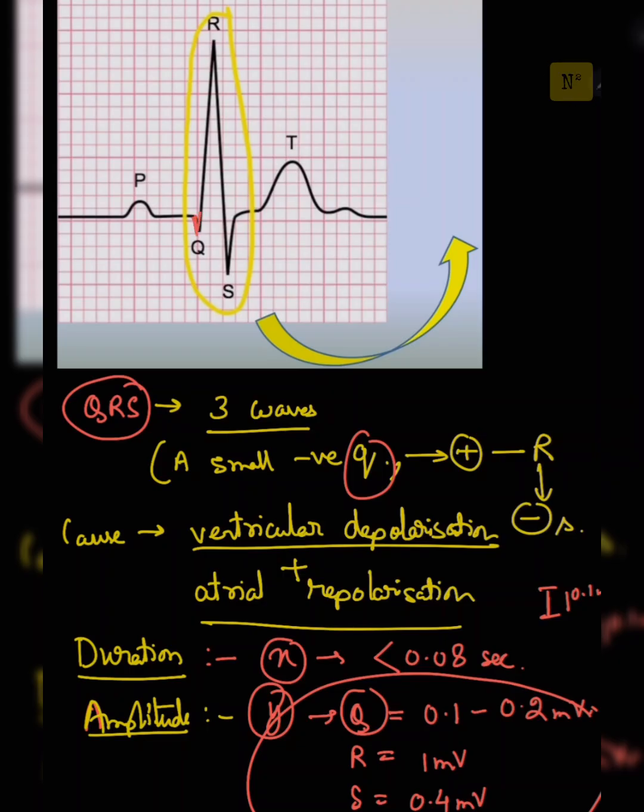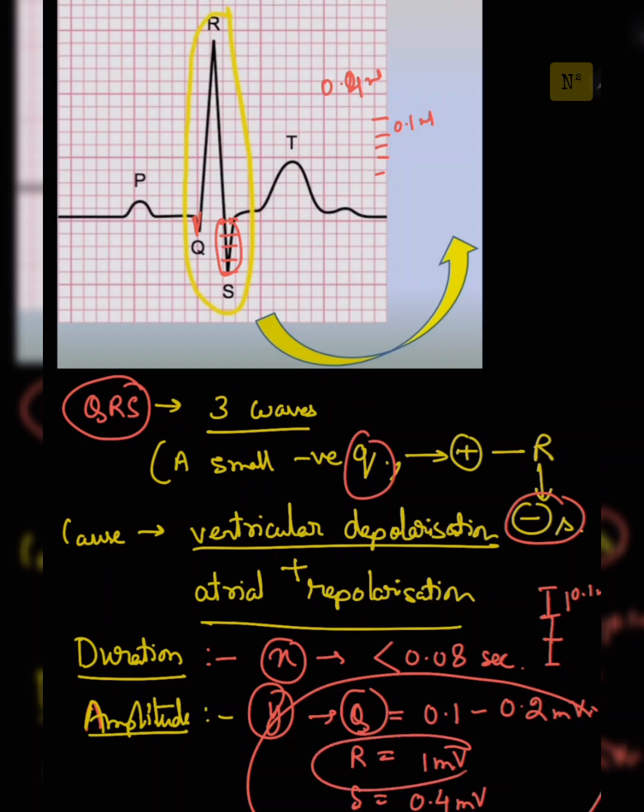The S wave is again a negative wave. It travels at least 0.4 millivolt. I told you one small square is 0.1 millivolt, so it should be covering at least 4 small squares: 1, 2, 3, 4. So you can see the negative wave is traveling at least 4 small squares vertically down.